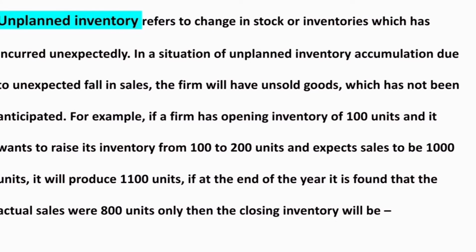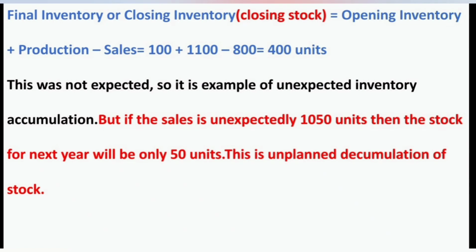It will produce 1100 units. But at the end of the year, it is found that the actual sales were 800 units only. Then what will be the closing stock? It is an unexpected stock, that is opening stock plus production minus sales, 100 plus 1100 minus 800, 400 units.